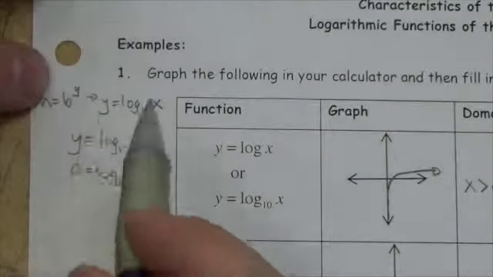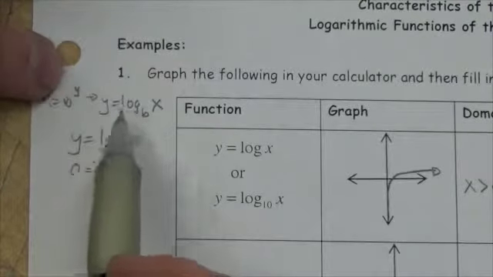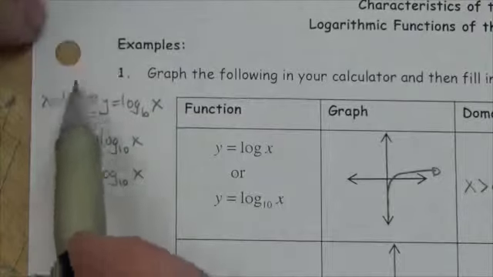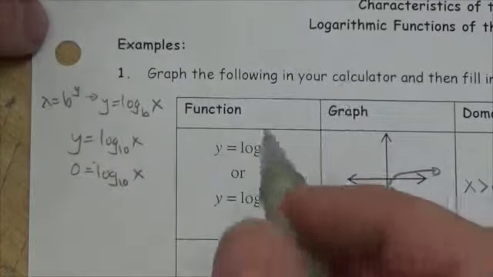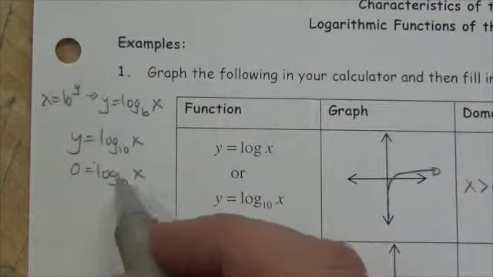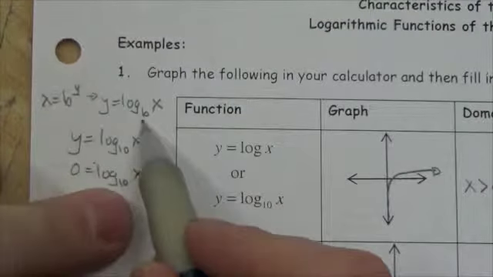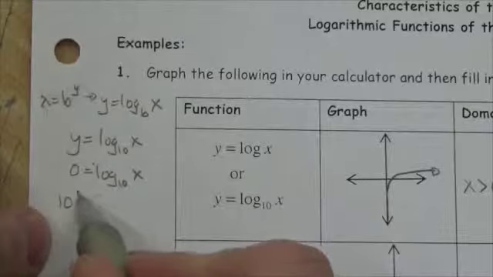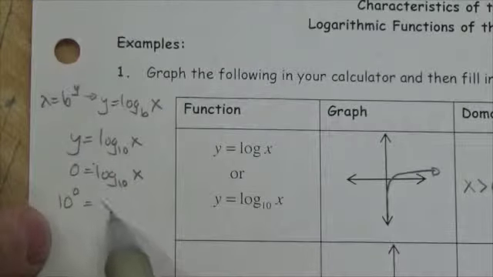So there's a beautiful little comparison here. The logarithm is the exponent, the bases are the same, and whatever the power equaled, that's what you're taking the log of. So right here, for example, I can convert backwards. I've got a base of 10 here, and I've got a 0 on the other side, so this would be the same as 10 to the 0 is equal to x.